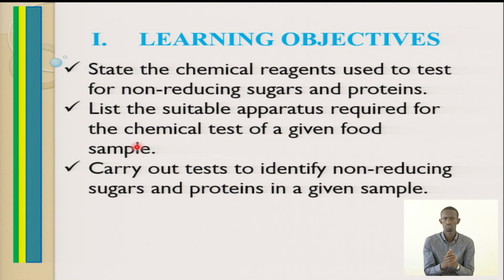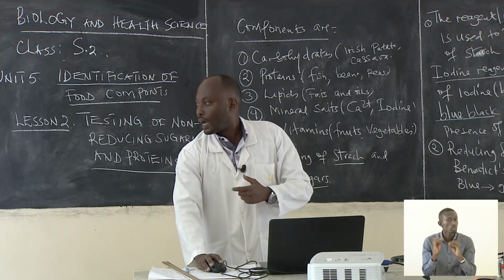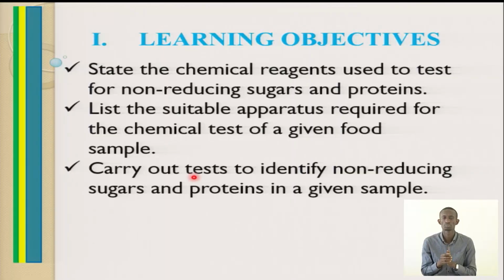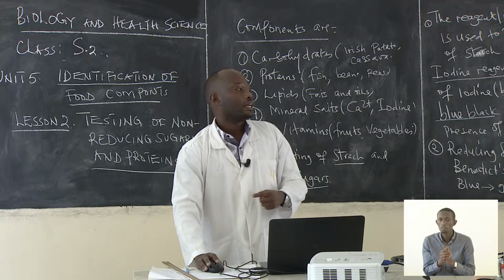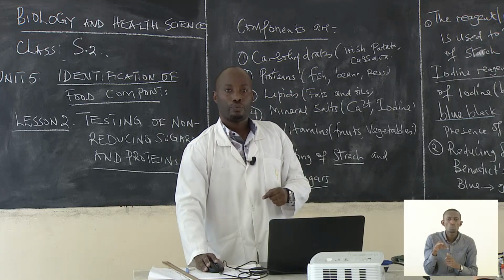The food sample I'm talking about is non-reducing sugars. Examples are sucrose. We also carry out the test to identify the presence of non-reducing sugars as well as protein in a given food sample.